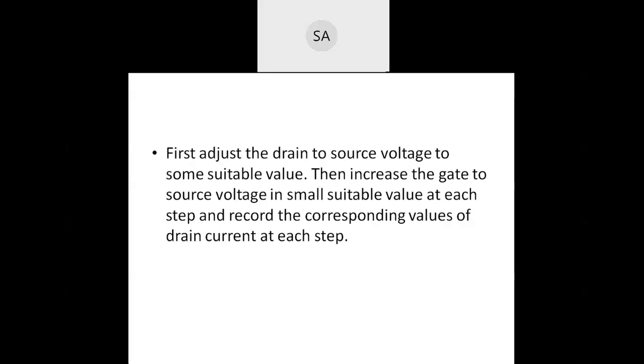One time VGS is minus 1 volt, then minus 2, minus 3, minus 4, minus 5. So you make VDS some constant potential, like 0.5 volts, 1 volt, 2 volts. At some point you keep it constant, and afterwards you change the gate to source voltage.